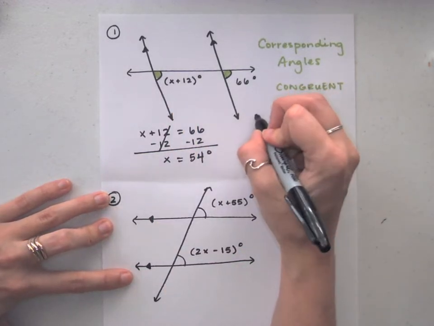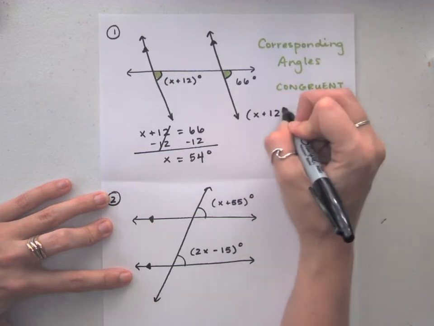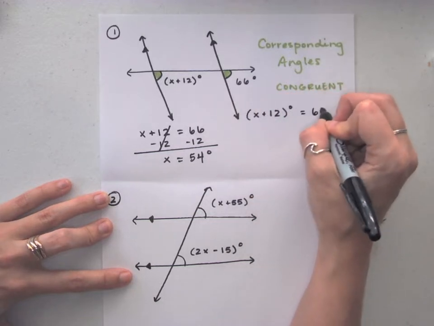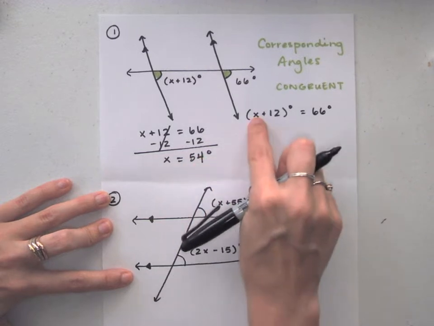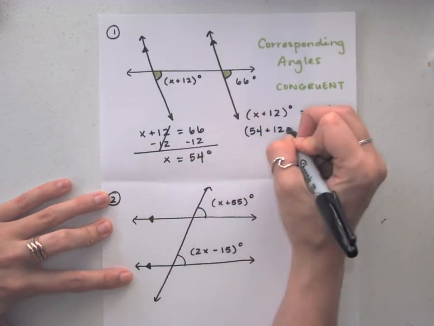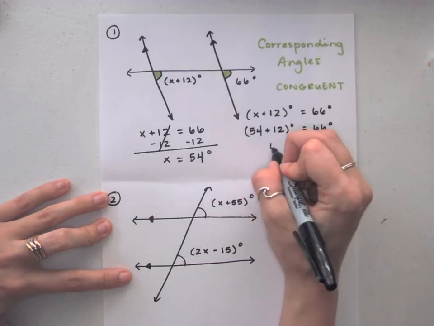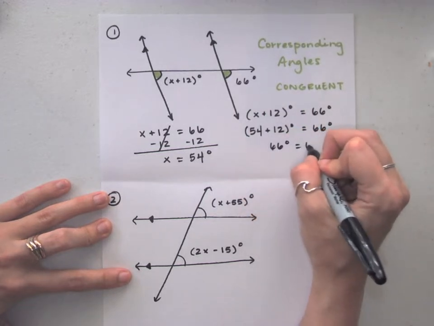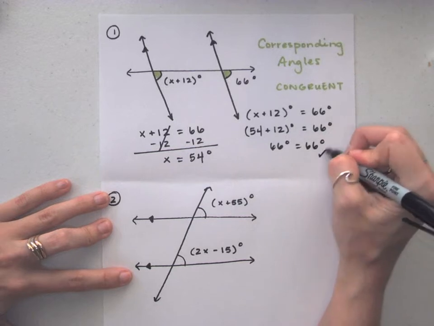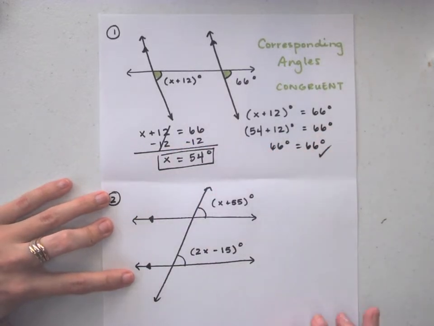So we know that x plus 12 degrees equals 66 degrees. When I substitute this for x, I have 54 plus 12 equals 66 degrees. 54 plus 12 is 66, so 66 degrees equals 66 degrees. Yes, that is true. So I know x is 54 degrees.